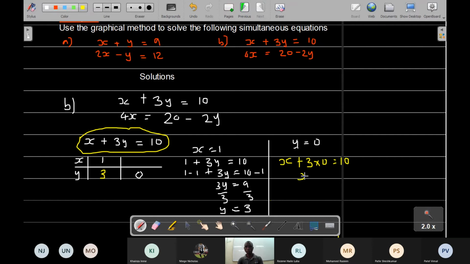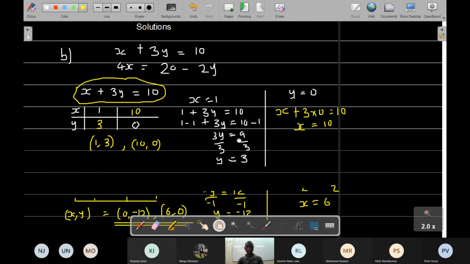So x is equal to 10, because 3 times 0 is 0. So the value of x is 10. The coordinates are (1, 3), these are the coordinates x, y, and (10, 0). These are the coordinates of the first line.